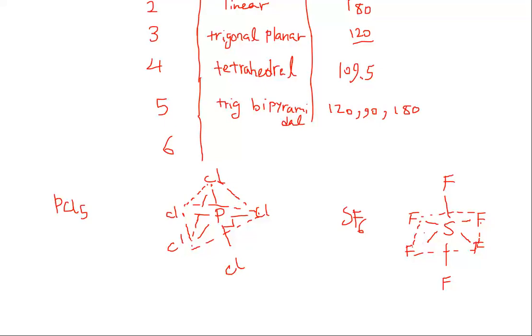It will be a square pyramid up and a square pyramid down. And generally we can say it's octahedral. Let me write it here, octahedral, because it has 8 surfaces. The angles will be 90, and one of the angles is 180. Most of the angles are 90.